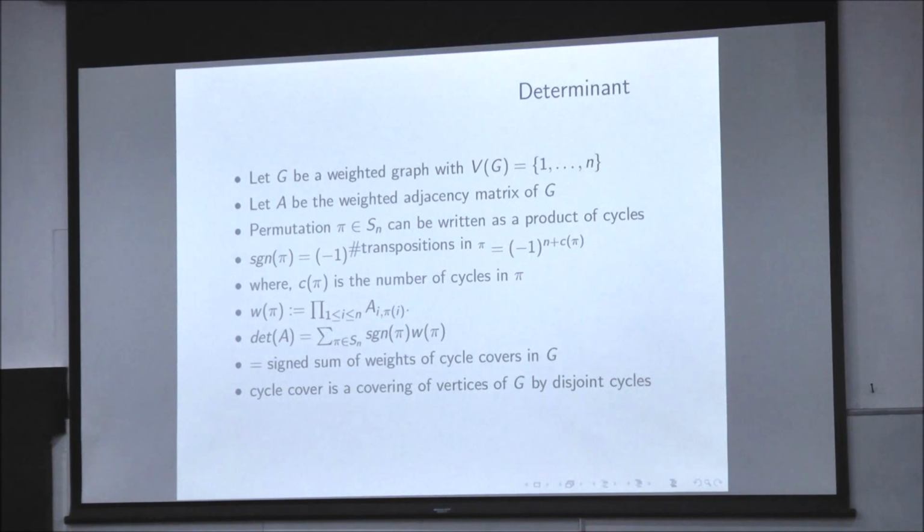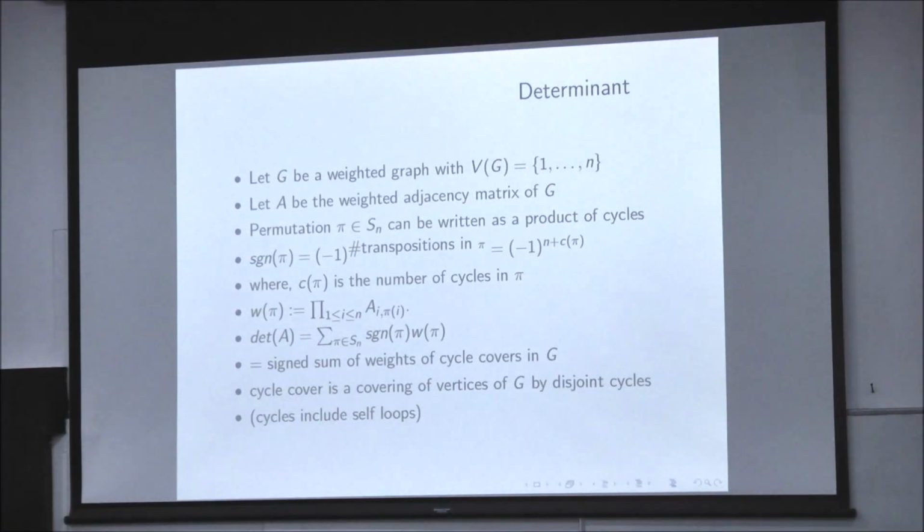A cycle cover is a covering of the vertices of G by disjoint cycles. So it's just a permutation in a different guise. And notice that cycles include self loops, which are just entries on the diagonal, and these are permitted.